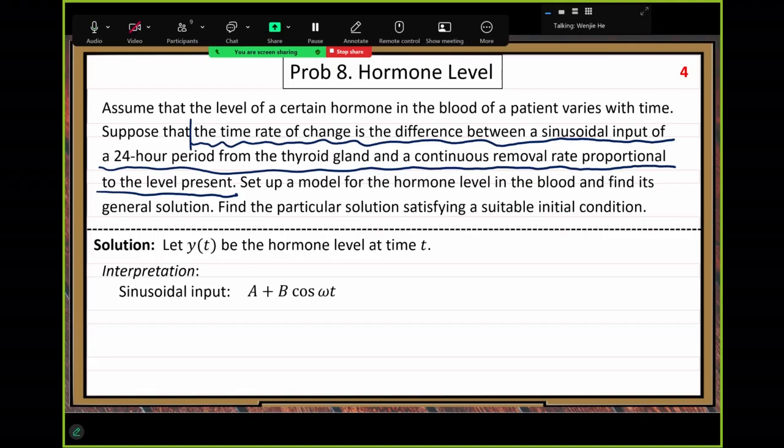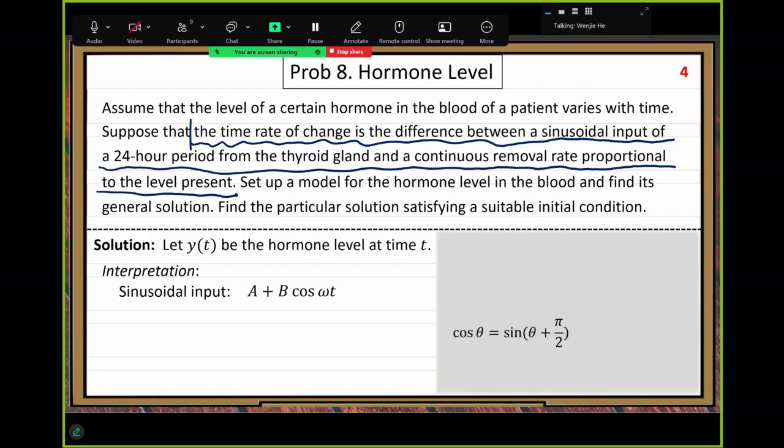You may argue, why use cosine and not sine here? Probably for some convenience. If you change sign, it is also okay. When you take a derivative or an integral, there is something slightly different, but it's not a big deal.